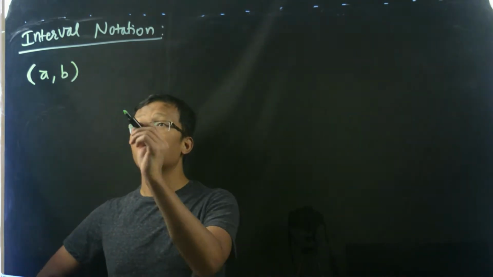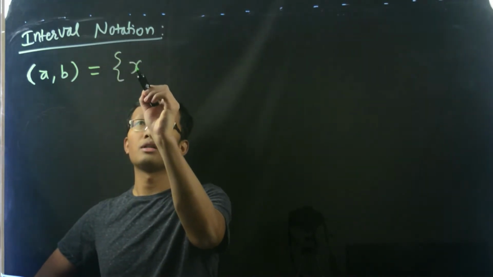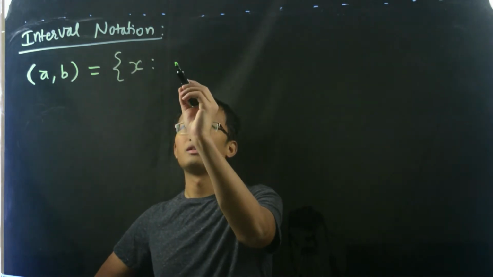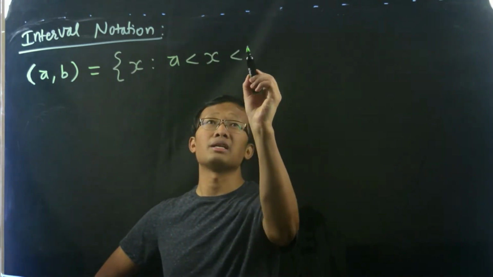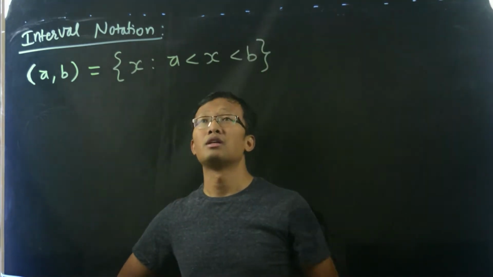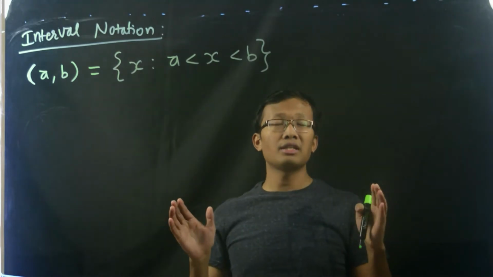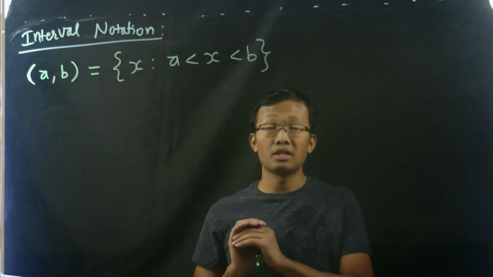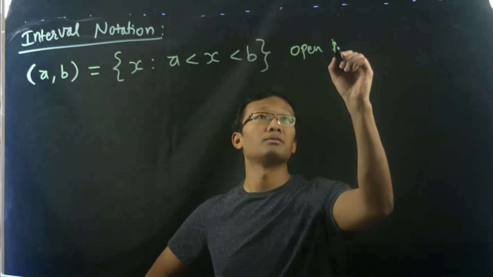The set theoretical representation of this set would be all the numbers x in the real line which are greater than a but less than b. So a and b are not included, but everything in between them is included. All the decimal numbers, irrational, rational numbers, they are all included. This is known as the open interval.